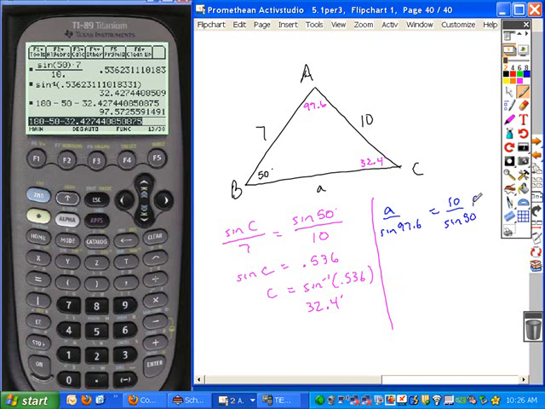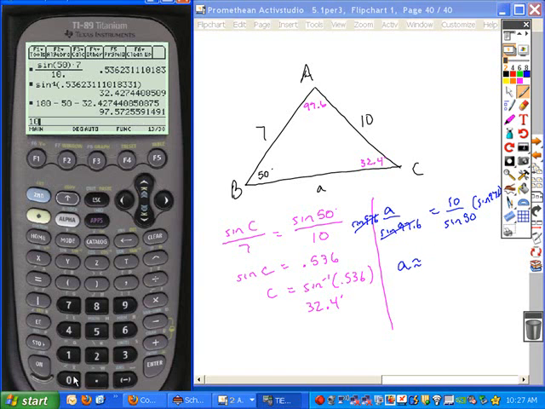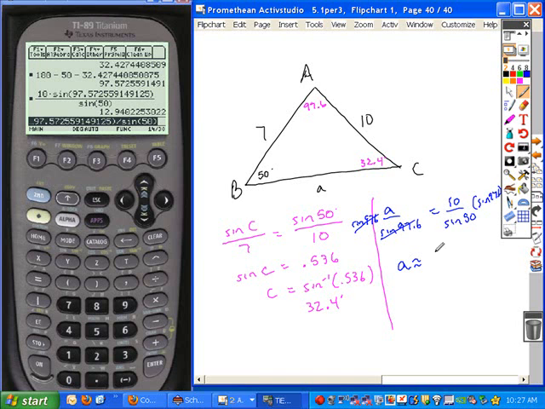Multiply both sides by the sine of 97.6. And you'll get your A value, so 10 times the sine of, and I'm going to access that exact answer, and then divide that by the sine of 50. And that gives me about 12.9.